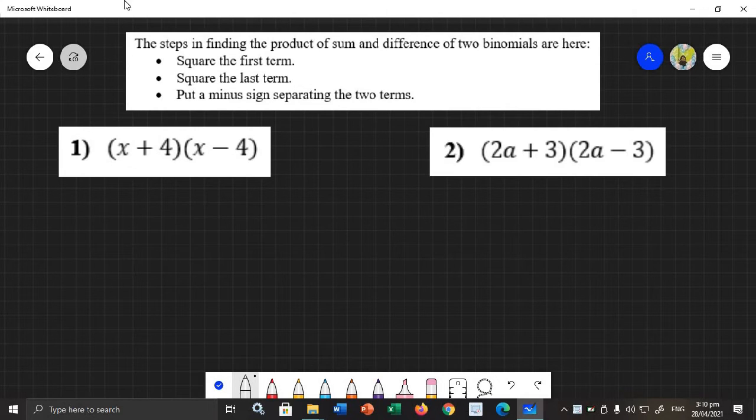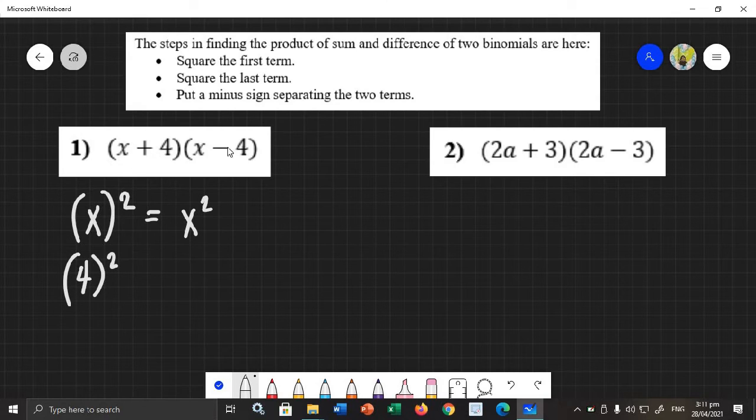So we have example number 1. We have quantity x plus 4 times quantity x minus 4. The first thing we need to do is square the first term. In this case, the first term is x, so we square x. The answer here is x squared, or x raised to the second power. Then the next step is to square the last term. The last term here is 4, so we need to square 4.